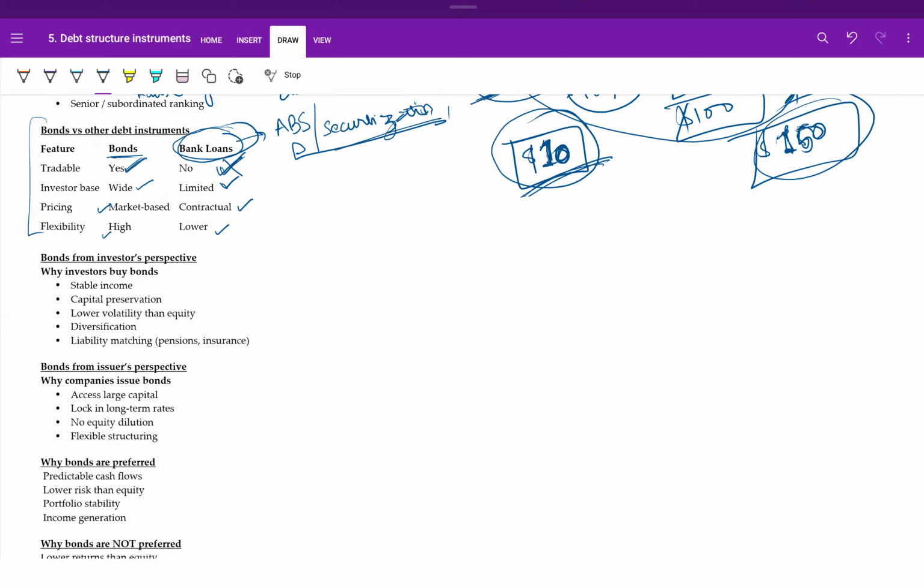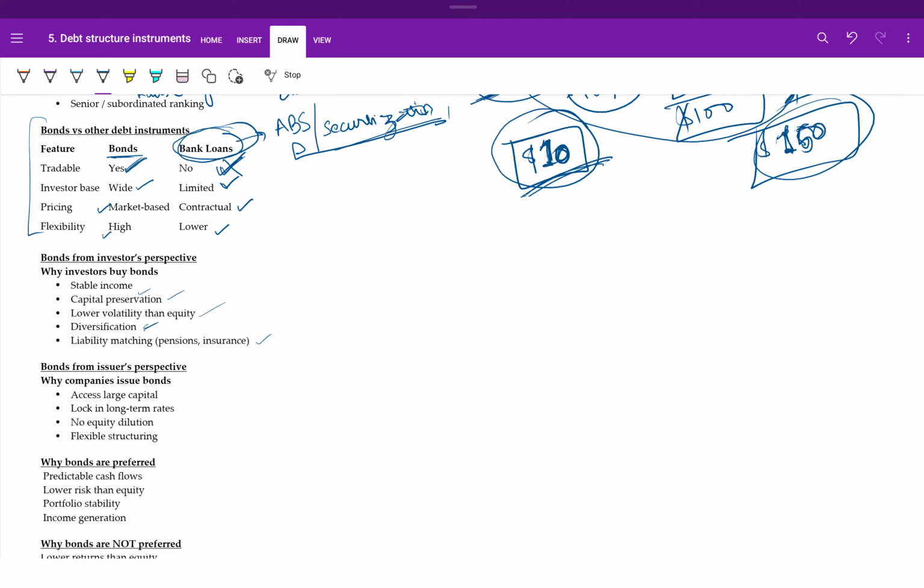Now let's talk about bonds from an investor perspective. Why do people buy bonds? The reason is that there is stable income, capital preservation, lower volatility than equity, diversification, and liability matching for pension and insurance.